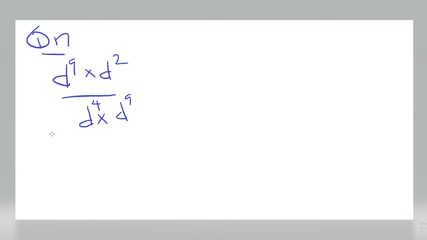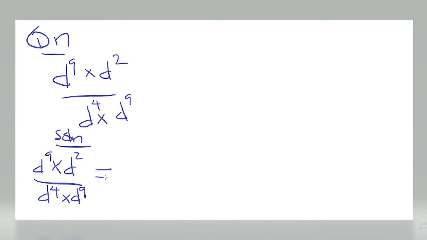Now solution. D power 9 times d squared over d power 4 times d power 9. Now this one can be equal to d power 9 plus 2 over d power 6 plus 9. Okay.